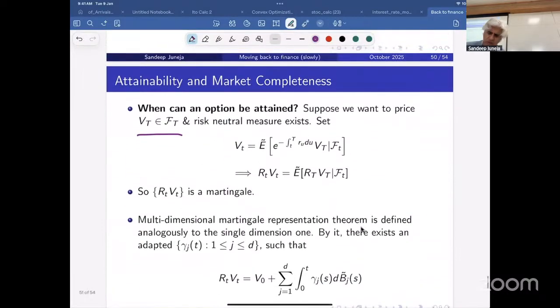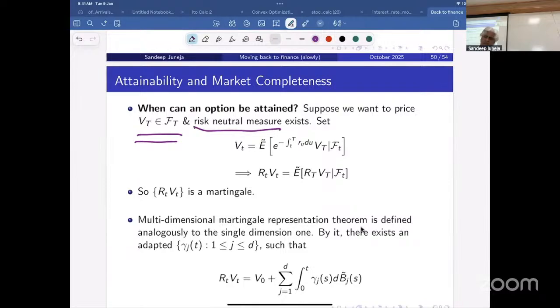Okay, so we want to now price this guy. An option is just a random variable at time big T. It's measurable with respect to F_T. I'm going to assume now that the risk neutral measure does exist. I live in that world where there's no arbitrage and hence the risk neutral measure does exist.